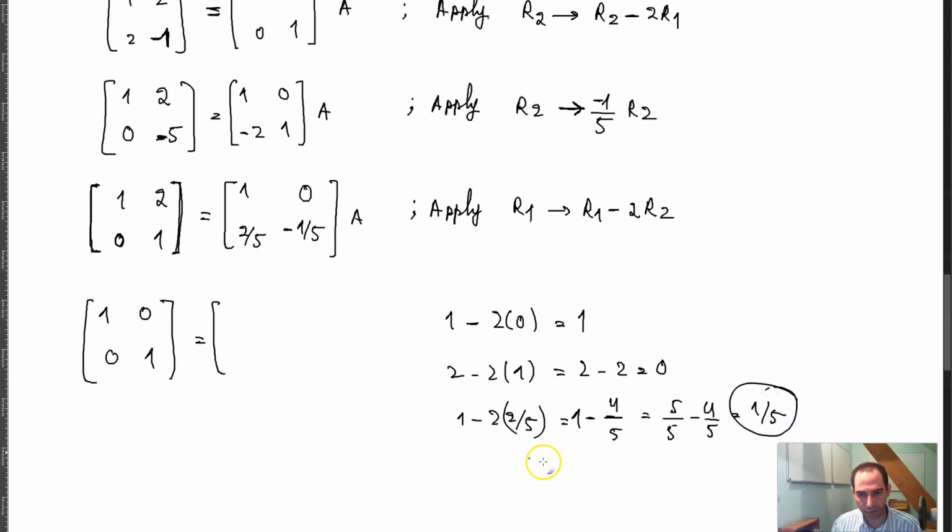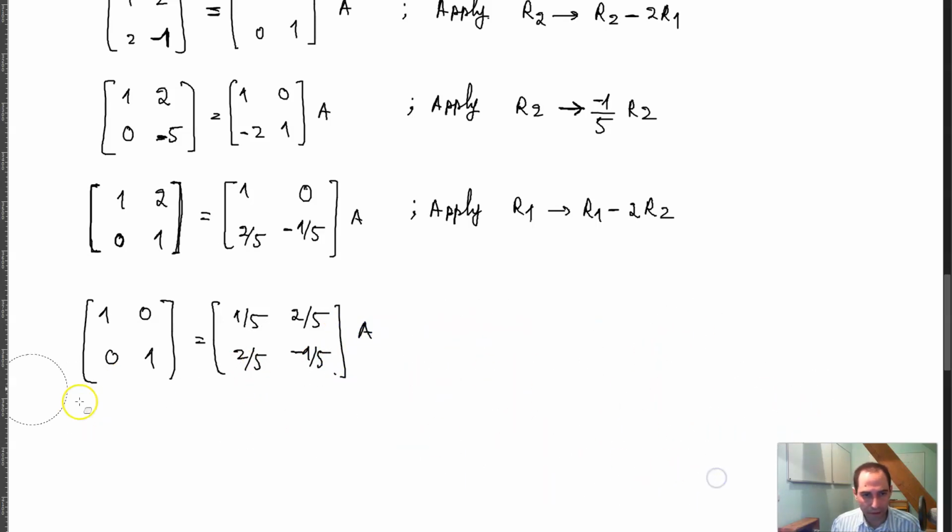That is the first element. And the second element is 0 minus 2 times negative 1/5, which is equal to positive 2/5. So I have here 1/5 and positive 2/5. And here I have 2/5 and negative 1/5, which do not change.